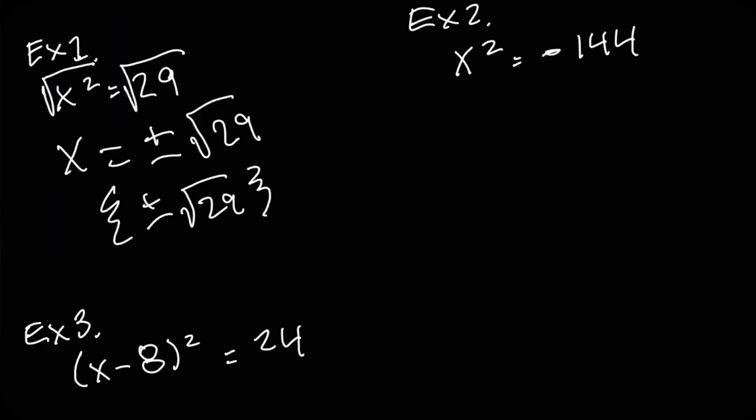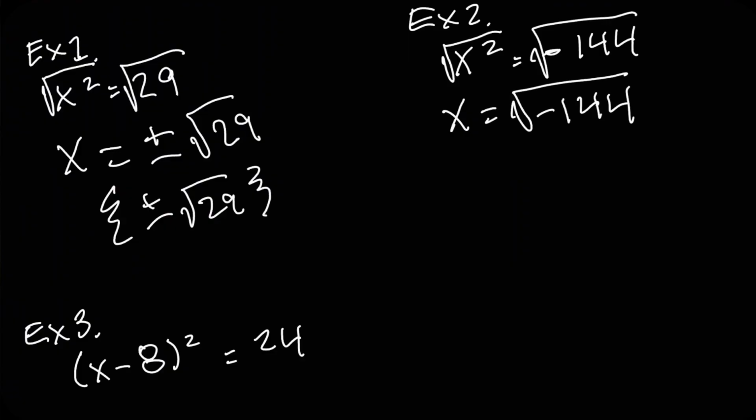Example 2, again, let's go ahead and take the square root of both sides. So x is equal to the square root of negative 144. And if you recall, this will be negative 1 times 144. And the square root of negative 1 is actually going to be equal to i.